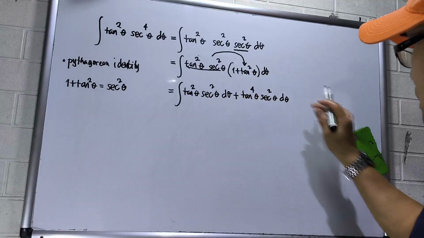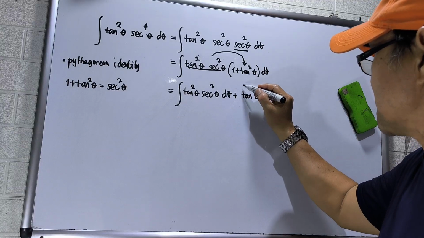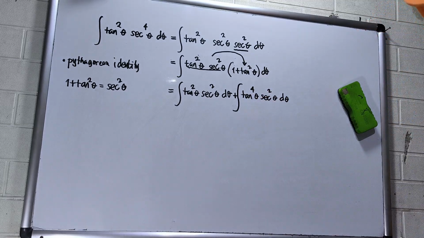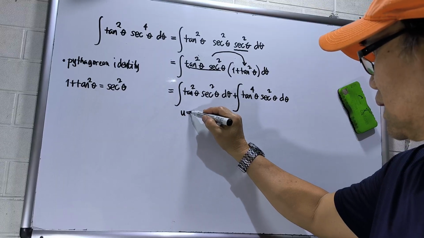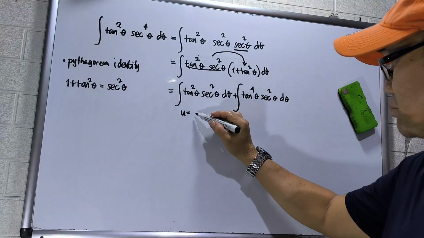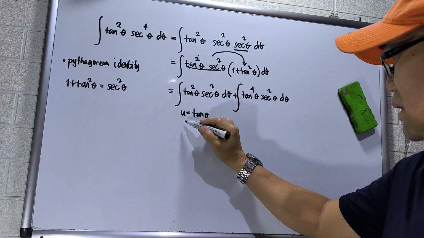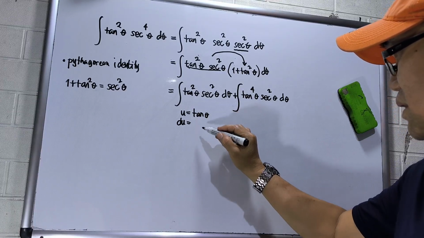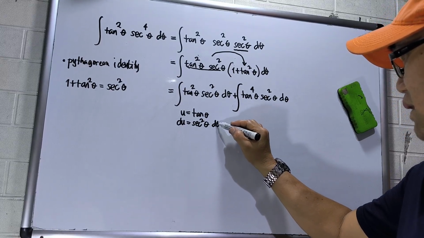So this will be the integral plus the integral. In here I will let u be tangent theta. Differentiating both sides, this will be secant squared theta d theta.